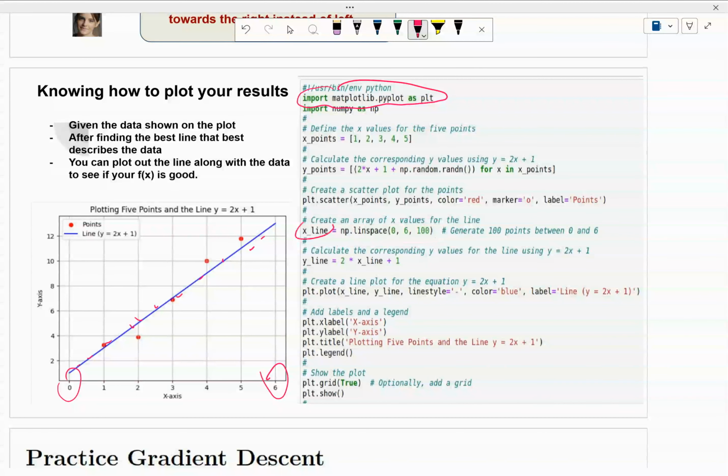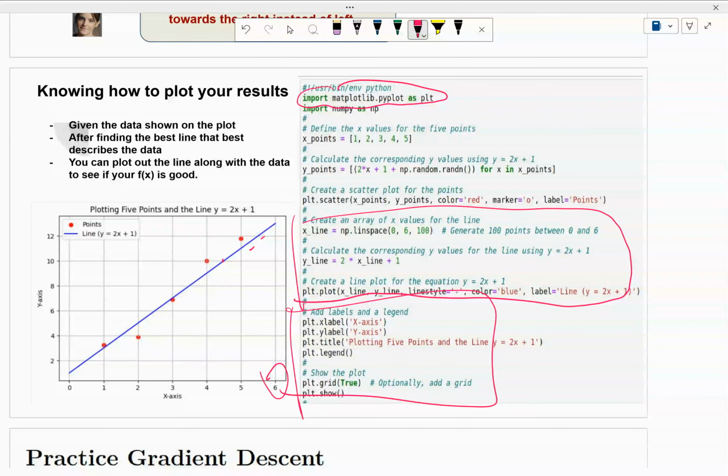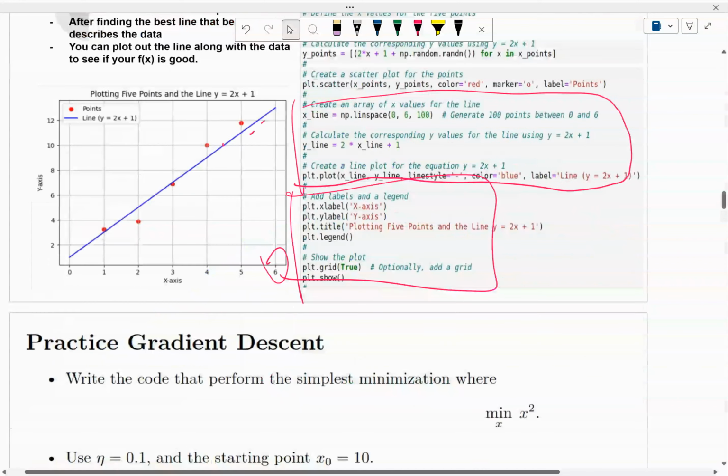Once you have x, you can calculate the line, which in this particular case is 2 times x plus 1. So you calculate the line, and you can plot it by putting in the x points and the y points. So the blue line came from here. And the rest of it just tells you what the label should be, and then you plot the plot.